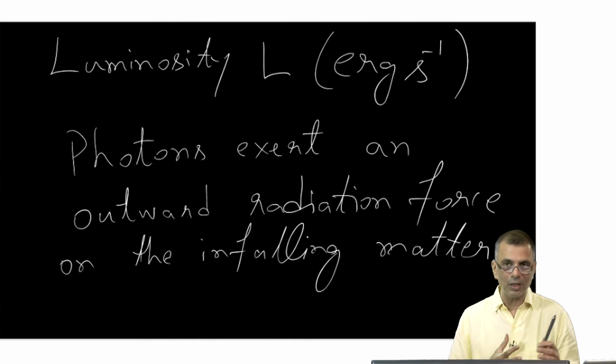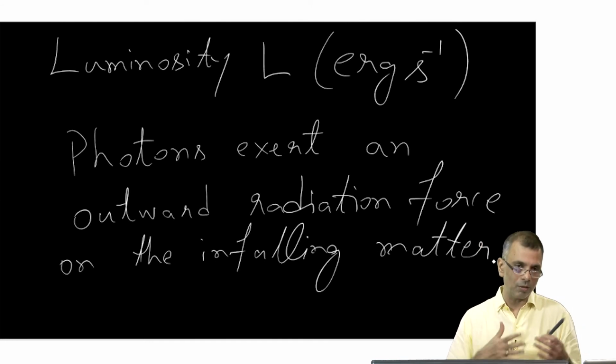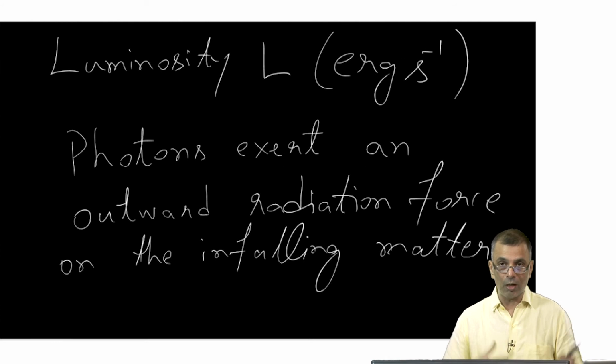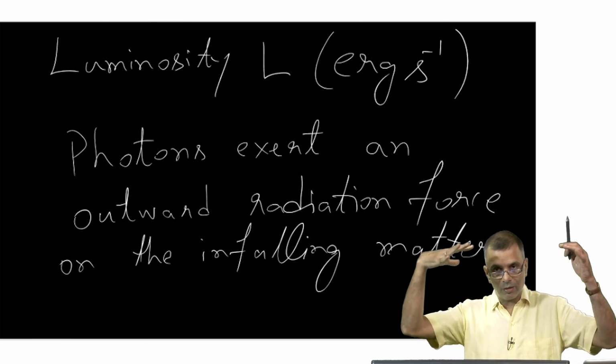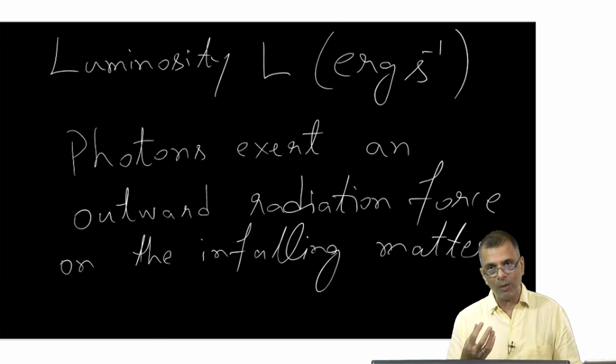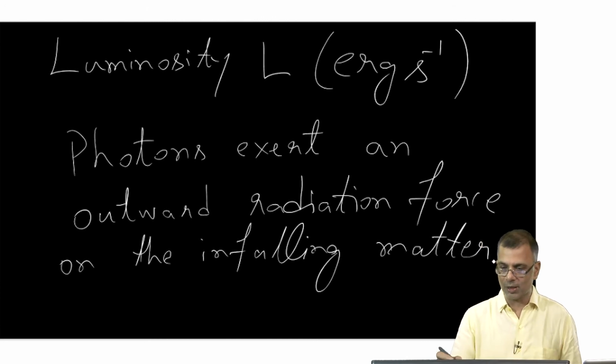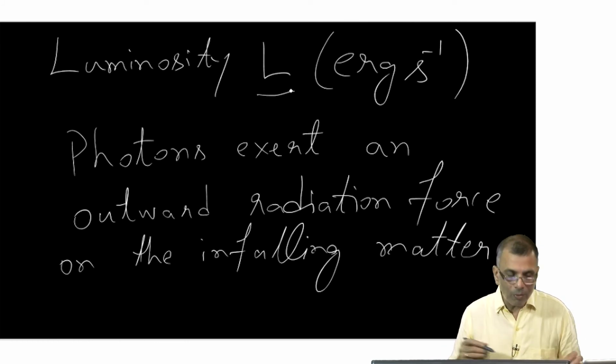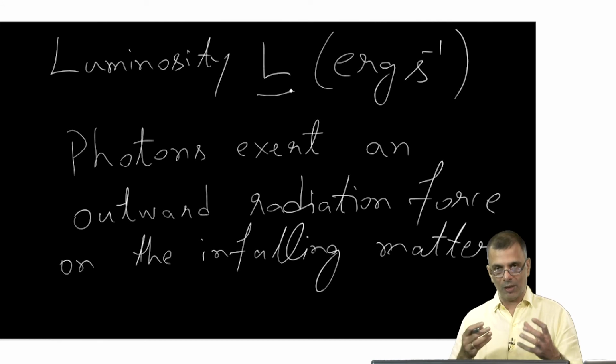Either shear viscosity, which is relevant to accretion disks, or bulk viscosity, which is relevant to spherical accretion. That's the only way you can heat up the matter. You remember viscosity is a dissipative mechanism. So you heat up the matter, and when matter gets hot, it emits photons, and that results in luminosity, isn't it? But the rub is that the object becomes luminous, it emits photons, right?